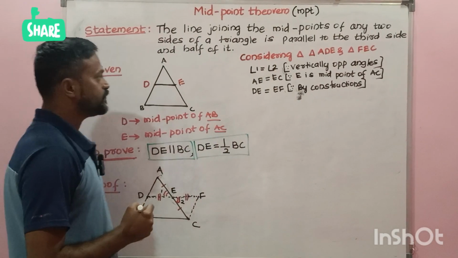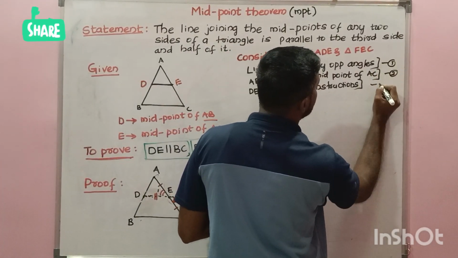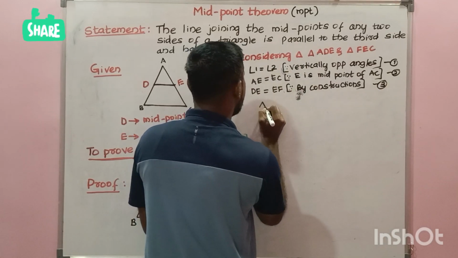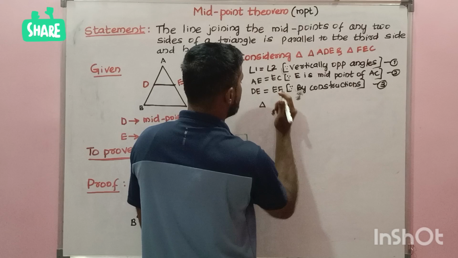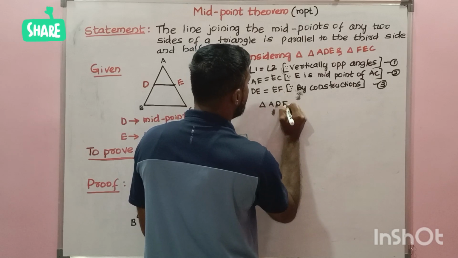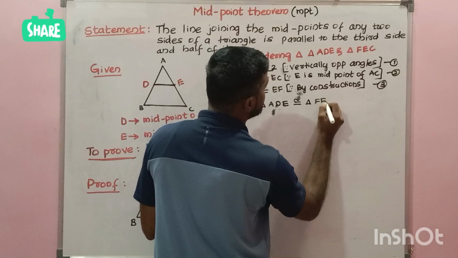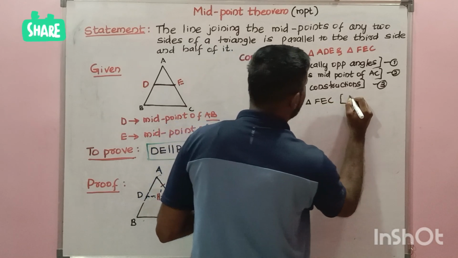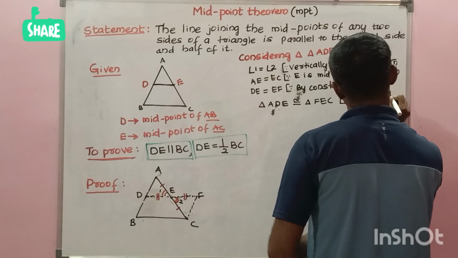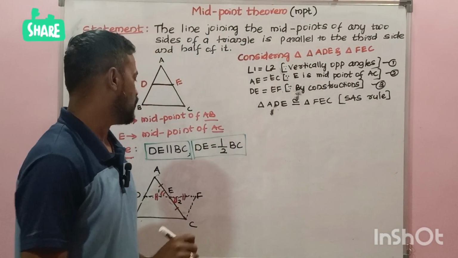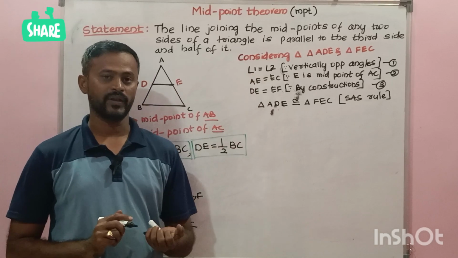From 1, 2 and 3 we can conclude that triangle ADE is congruent to triangle FEC. This is by the SAS congruency rule, because two sides and the included angle are equal.